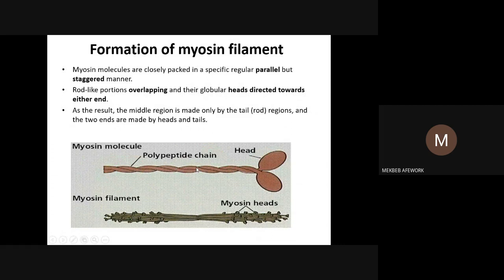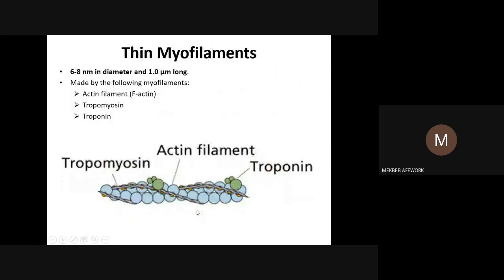We call this staggering type of arrangement to either direction, so that you have head on both directions, so the actins are able to slide from both directions. So this is how myosin filaments are made from myosin molecules.